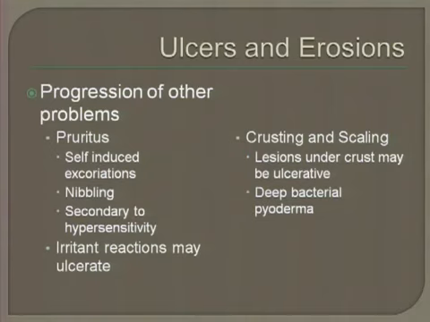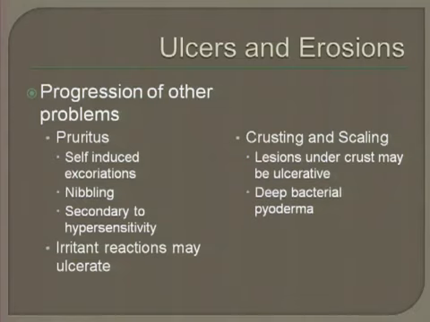Irritant contact reactions can lead to ulcers just because of the chronic inflammation. And then the crusting and scaling lesions can also lead to ulcers and erosions because the skin under those crusts can be very ulcerative. And certainly deep bacterial pyoderma can lead to ulcers as well.